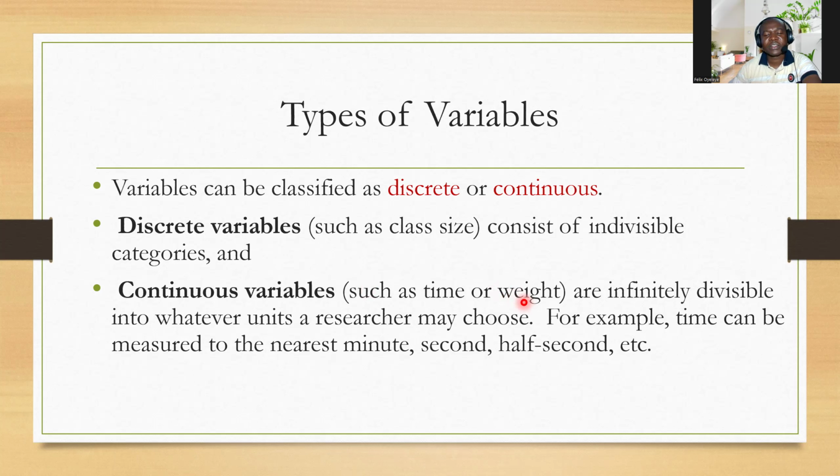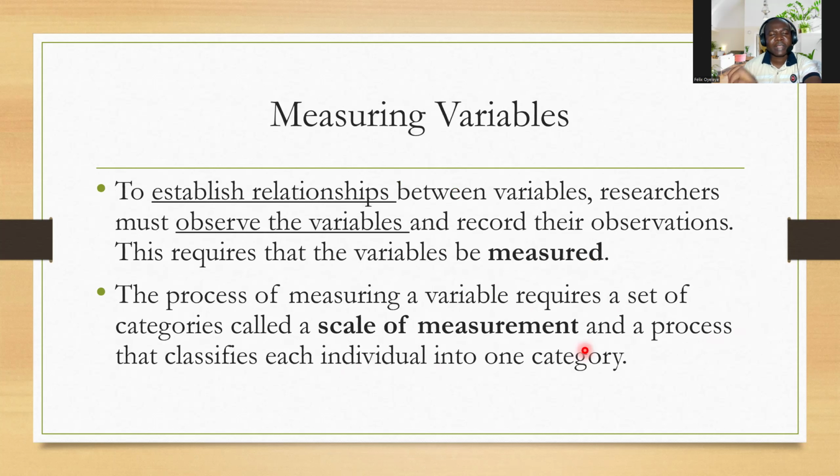So the implication is that such kinds of variables may not be absolute numbers. Okay, like in the case of time, you can have it to the nearest minute, to the nearest second, or half seconds. Good.